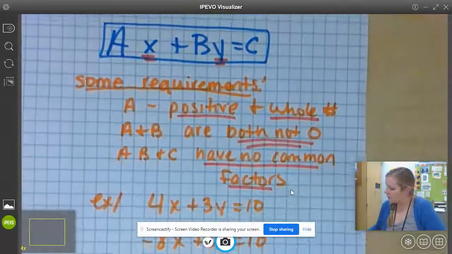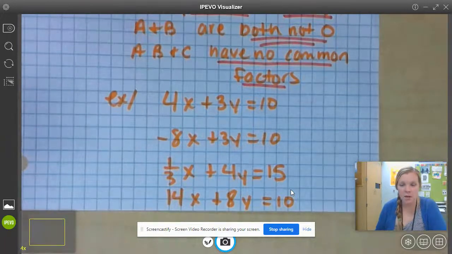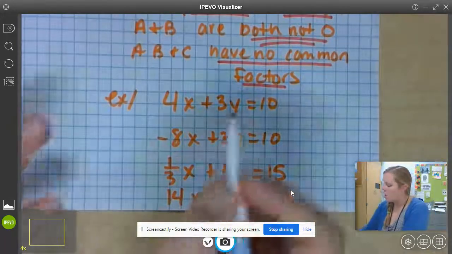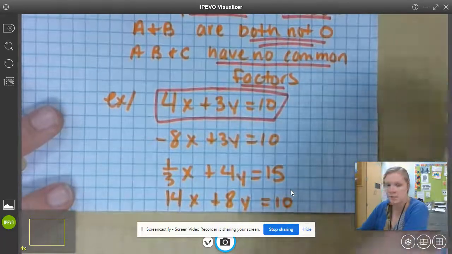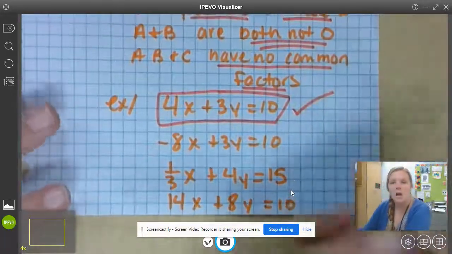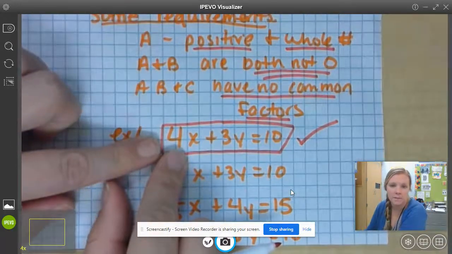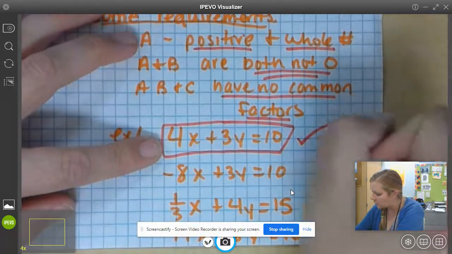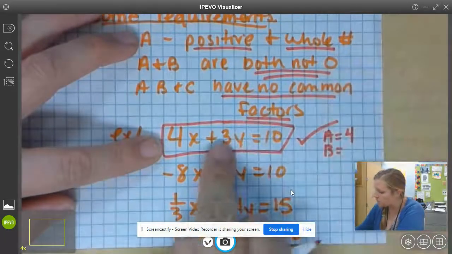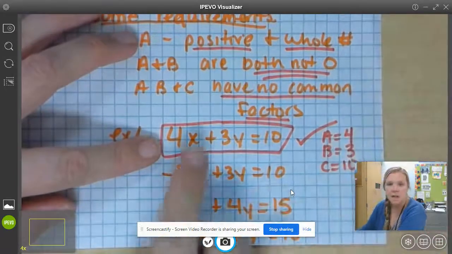I have 4 equations here. We're going to decide if they're in standard form or not, and we're going to fix it if they're not. This one is the only one that's written in standard form. This one is good to go. The reason: A is positive. A is positive 4. We can practice writing this out. A equals 4, B equals 3, and C equals 10.